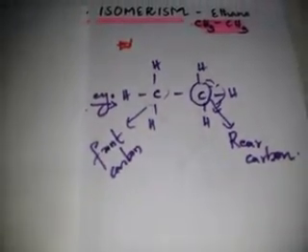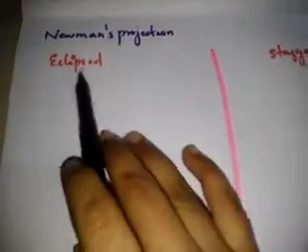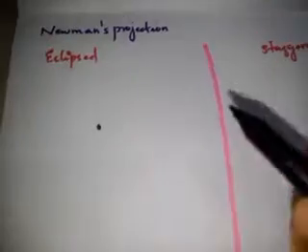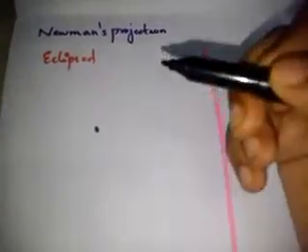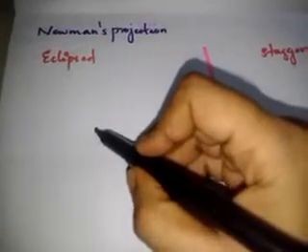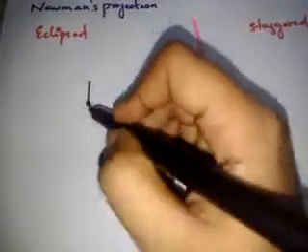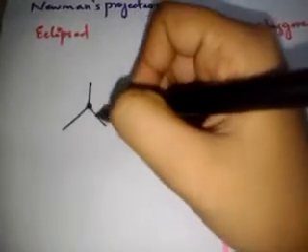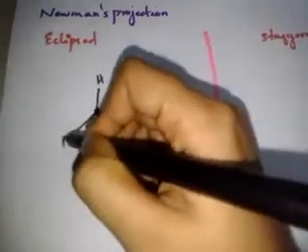Now let's study Newman's projection. In Newman's projection we first study the eclipsed conformation. The front carbon is represented by a point, and the 3 hydrogen atoms attached to the front carbon are joined by lines which are at 120 degrees to each other. These are the hydrogen atoms.